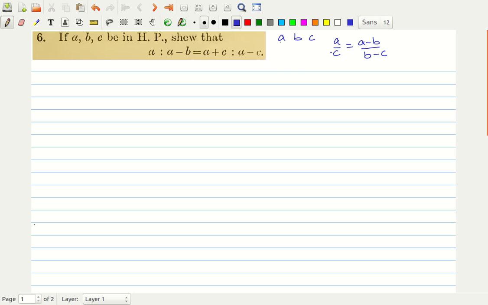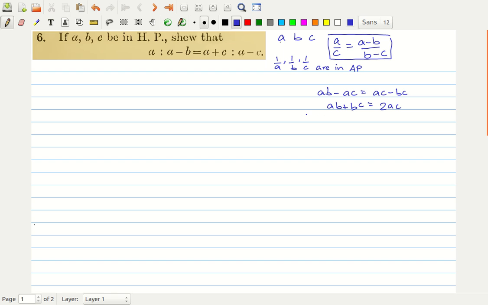And to show why this is so, we already know that if these three numbers are in harmonic progression, then 1 by A, 1 by B and 1 by C are in arithmetic progression. So how is this definition equivalent to this? All you have to do is just cross multiply, so you will get AB minus AC is equal to AC minus BC, and this becomes AB plus BC is equal to 2 times AC.